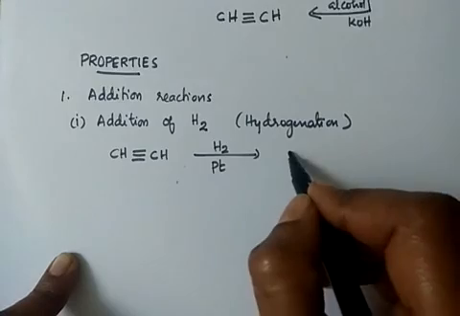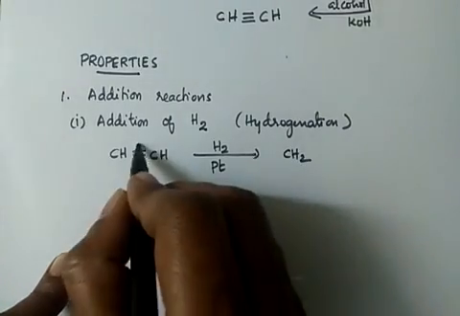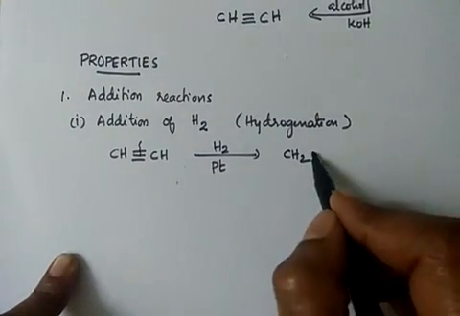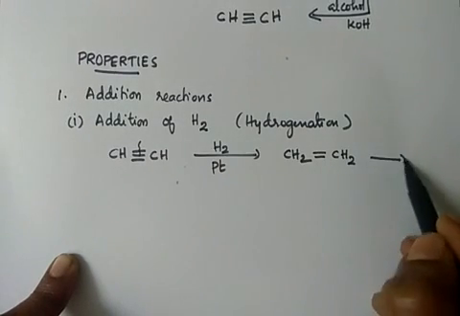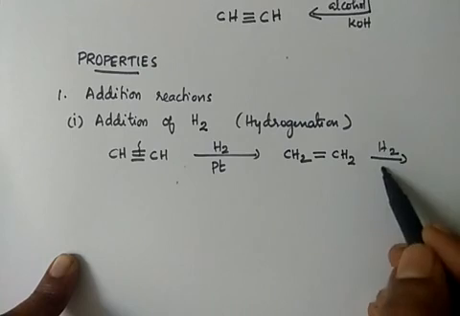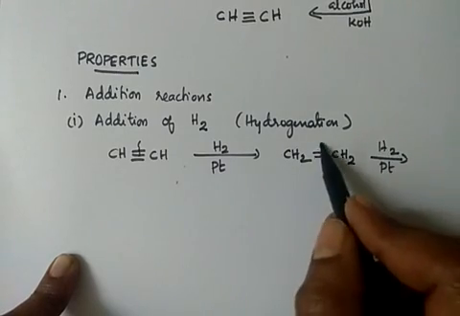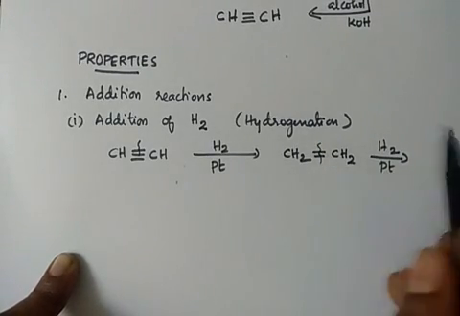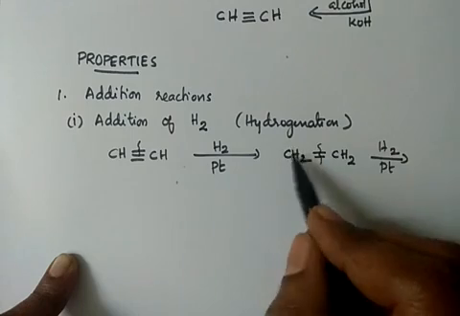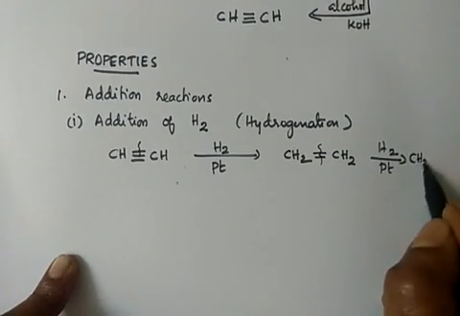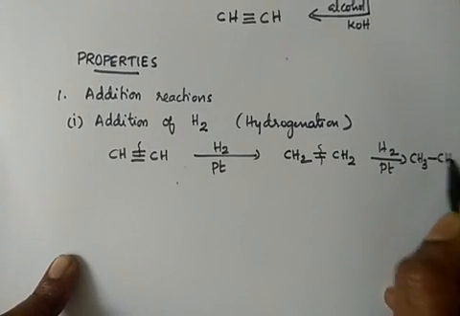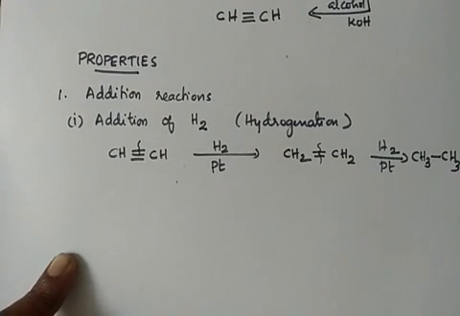One bond breaks and CH2 double bond CH2 is obtained. And again, if a hydrogen molecule is added, the second pi bond also breaks and hydrogen is added on both sides, and it becomes a saturated compound, CH3 single bond CH3.